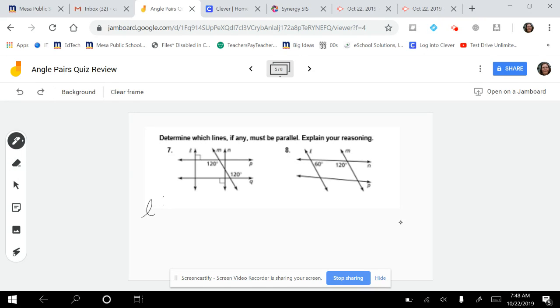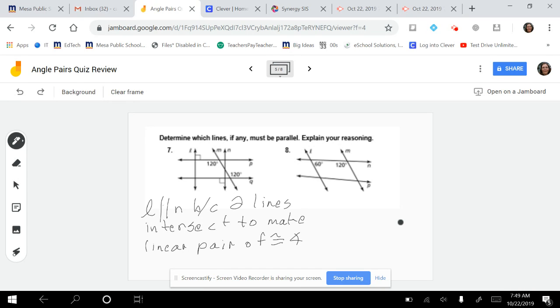L is parallel to N because the two lines intersect to make a linear pair of congruent angles.